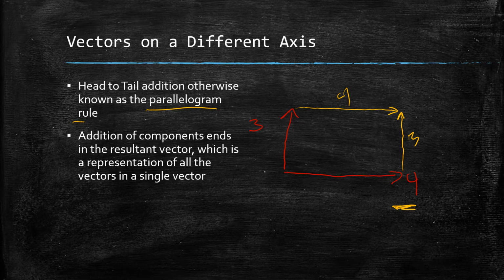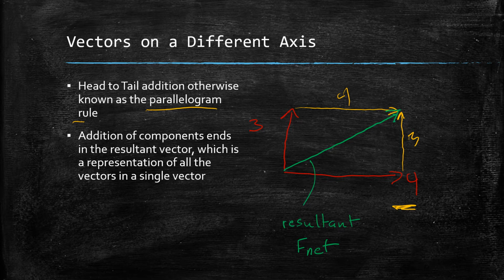Where those two intersect is going to be what's called the resultant. Here is my resultant. Or in the case of the things we've been talking about with forces, that's going to be the net force. That's going to be the direction of the one vector that we could draw that would be equivalent to the 3 and the 4.